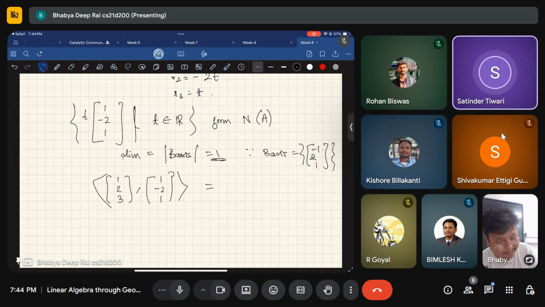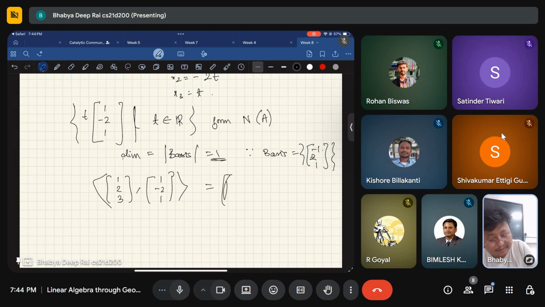You should get 0. Why am I writing 0? It should be coming to 1 minus 4 plus 3. Oh, why am I getting 2? It should be 1. Okay. See, pick anything in the row space, it will always be orthogonal to it.